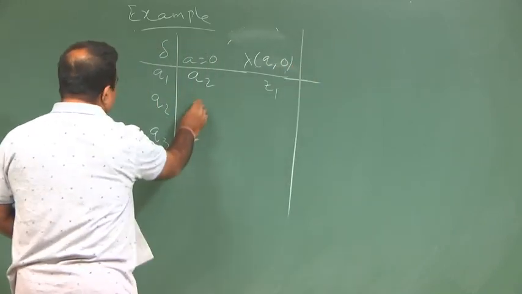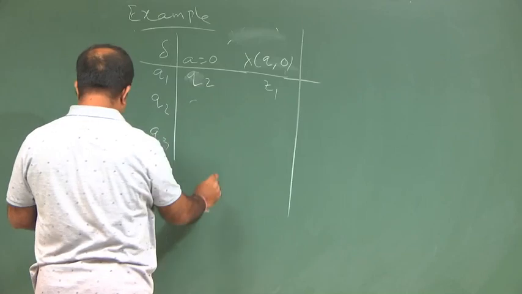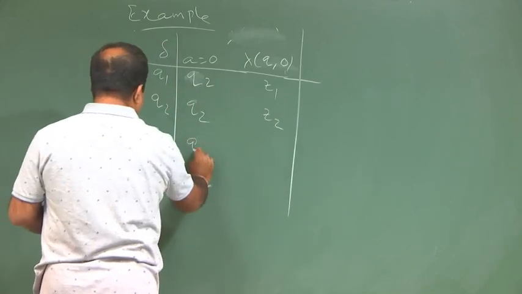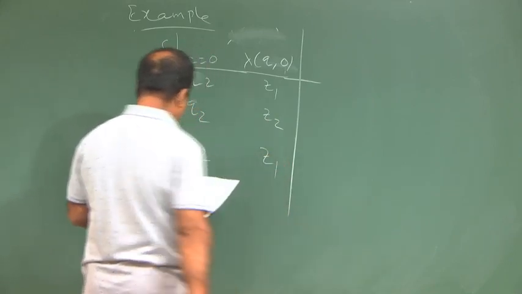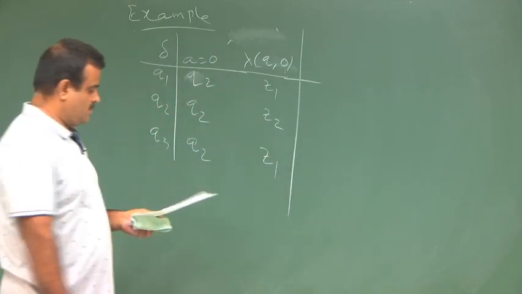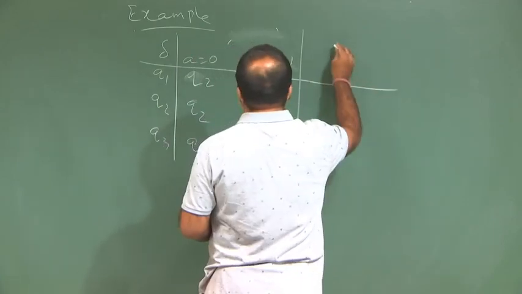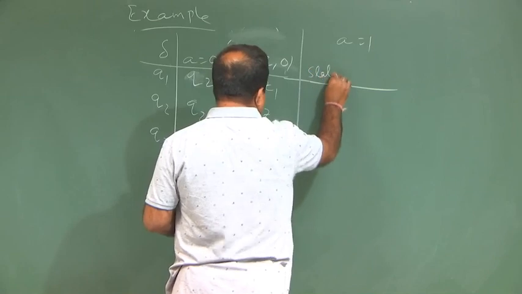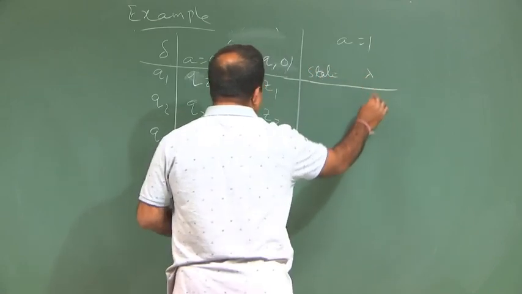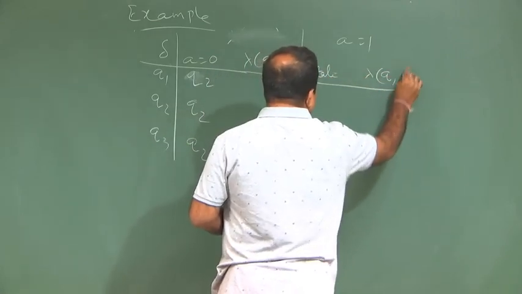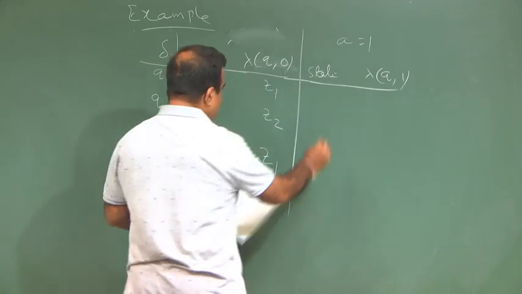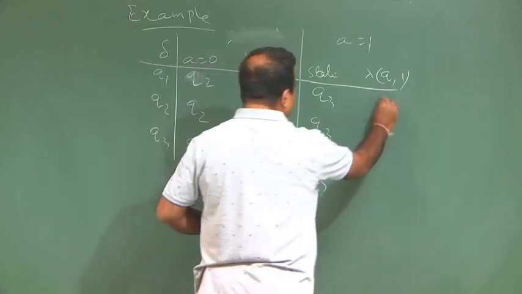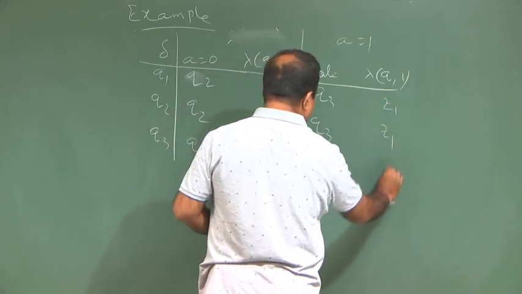With input 0 the next states are q1, q2, q2, and the outputs are z1, z2, z1, which are the output alphabet. With a equal to 1 the states are q3, q3, q3 and the lambda values are z1, z1, z2.